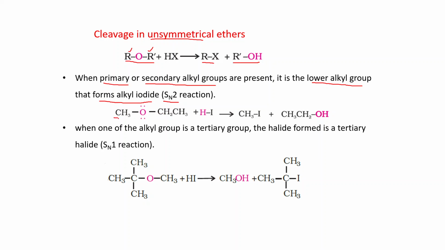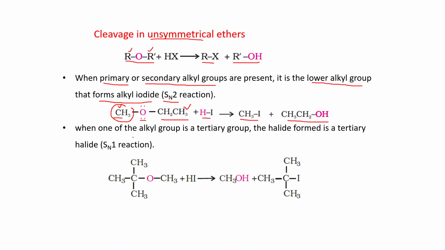See, this is CH3OCH2CH3. Both sides have primary alkyl groups. When this reacts with HI, then the lower alkyl, in this case the methyl, will give the iodide, that is we will get methyl iodide, and this ethyl will convert into ethyl alcohol.